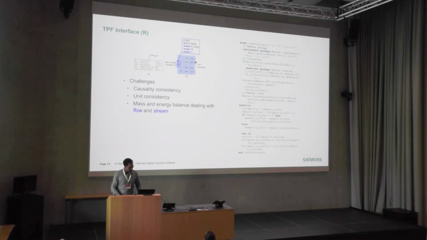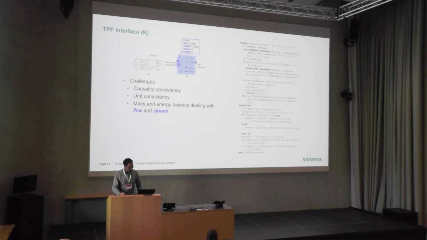As you can see on the scheme, we have the units and the variables inside the typical fluid connector in the Modelica world, defined by pressure, flow, mass flow rate, and different streams. On the right, we have the TPF connector following the same rules that the two-phase flow library gives us. And then we create the interface.